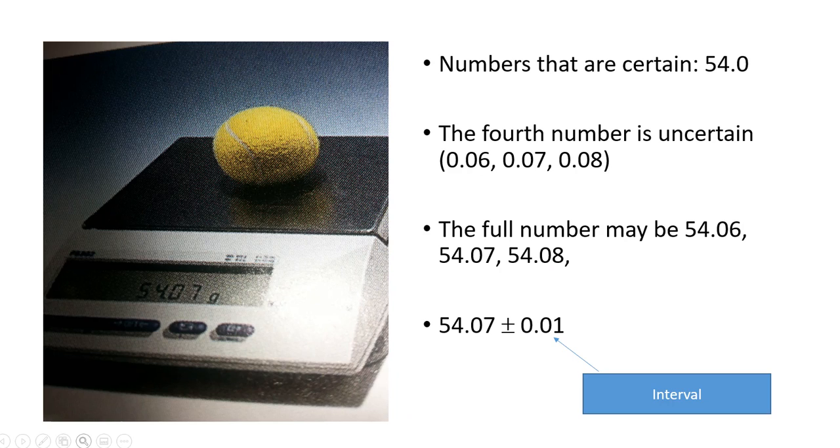Now, if you are weighing something, using a weighing balance, a scale to measure something, you can see that this scale is digital. So it has 1, 2, 3, 4 digits. The 3 digits we see here are certain. This last digit is uncertain.